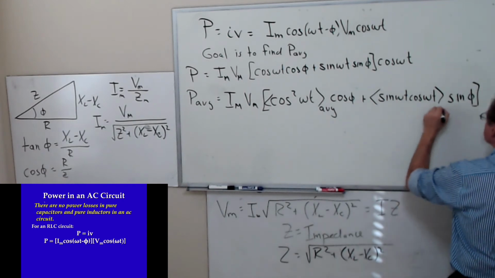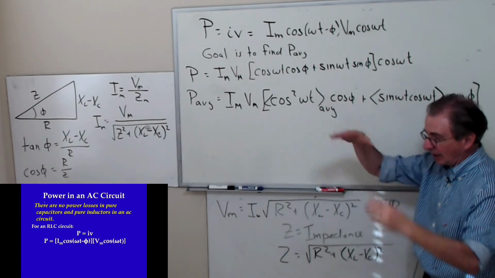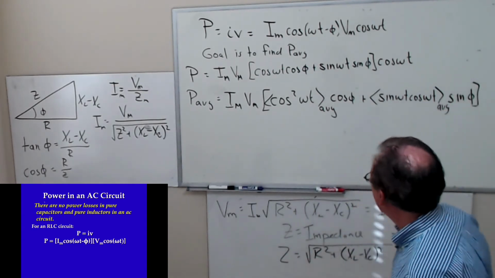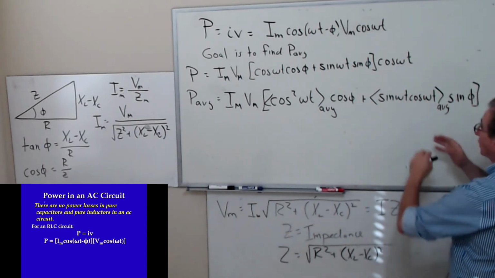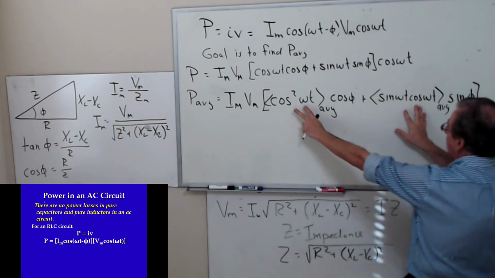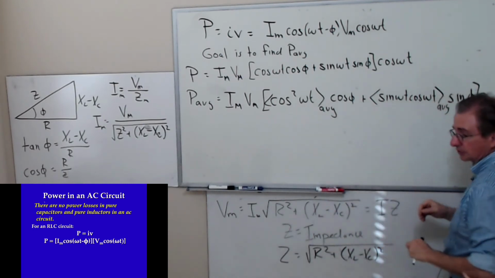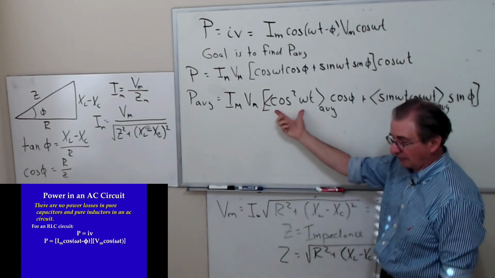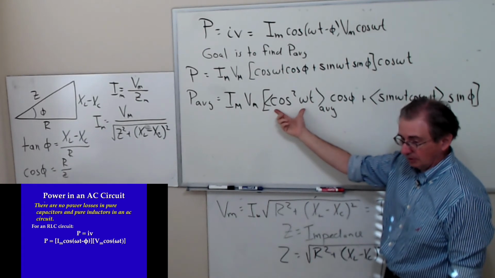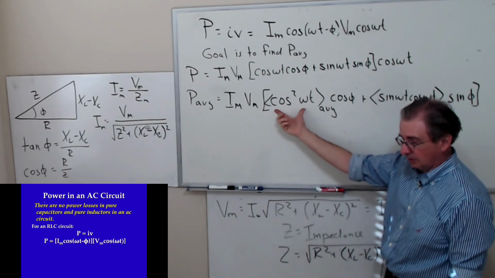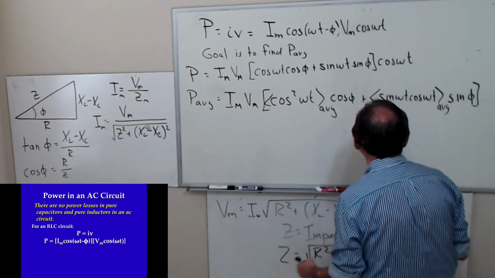Normally you don't have to write the subscript average because the brackets like that represent average. Anyway, just to make sure you understand that. So in order for me to take the time average of this, I only need to calculate the averages of these two, this one and this one. The average of this function we already did. What's the average of this over one cycle? It's a half, right? We did this the other day. So the average of this term is a half.